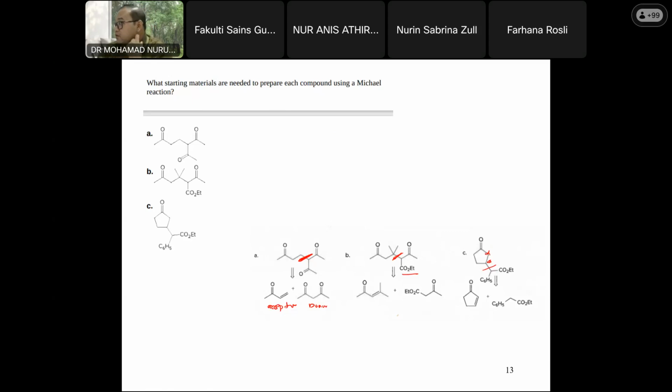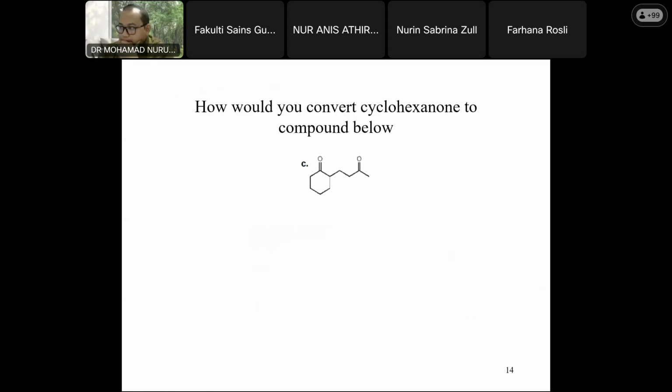Okay, thank you, Natalia. So for the last question on Michael reactions, how do you convert cyclohexane to the compound below? In this case, we are doing retrosynthesis. As I said, it's similar to the previous questions. You have to propose the starting materials. In this case, there are two elements.